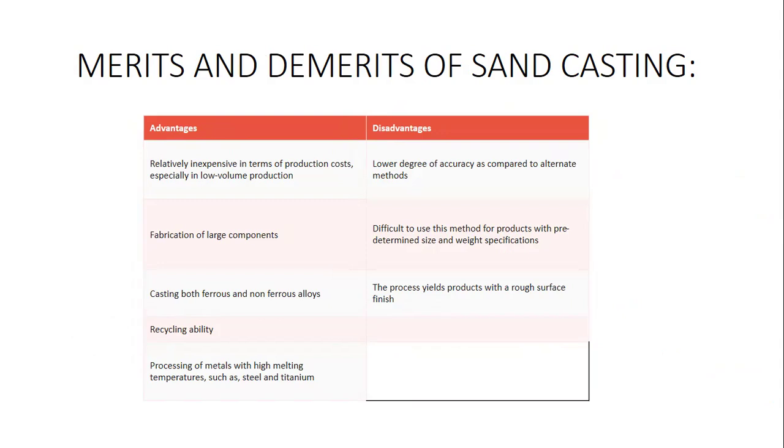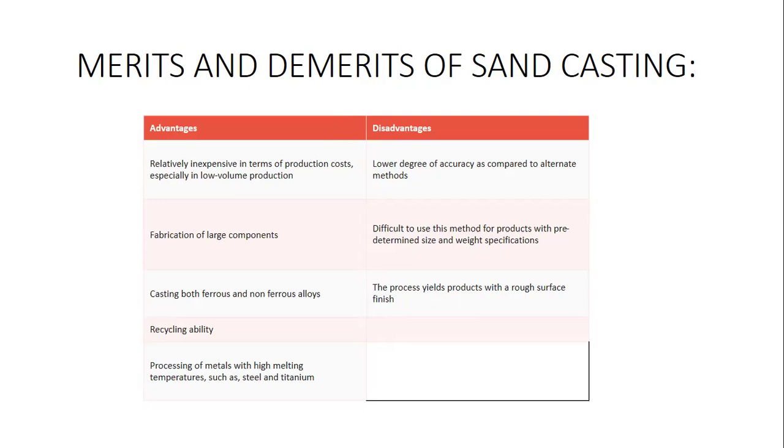Disadvantage: a low degree of dimensional stability and accuracy occurs while preparing the final product. We can create a larger number of large-size components. Easy recycling ability of the material. Since sand is easily recycled, we can use it for the next cycle of operation for making a casting product.